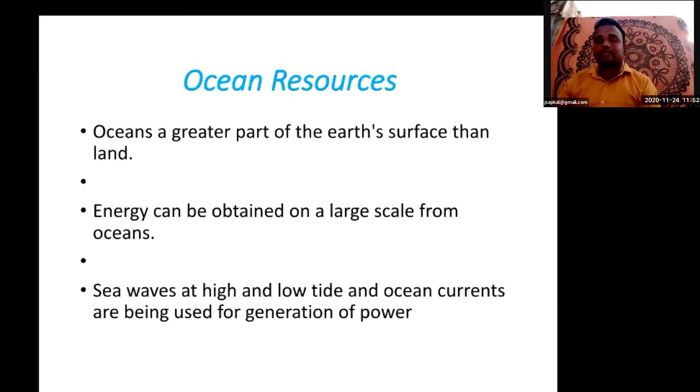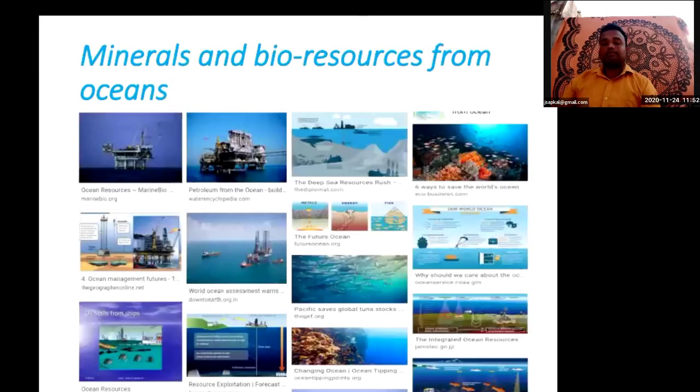Next slide, sir. You can see here minerals and bioresources from the ocean. Minerals means mineral oils. Then the bioresources are fish and all living things. Scientists believe that billions of tons of minerals are dissolved in ocean water.